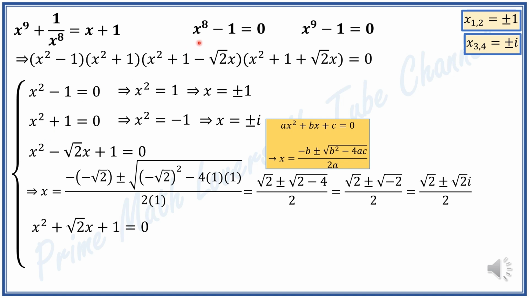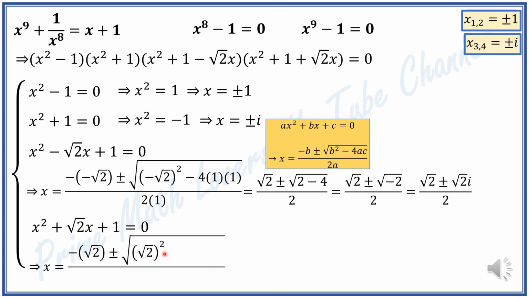And the other equation is x squared plus square root of 2 x plus 1 is equal to 0. Again, I use the quadratic formula, or delta formula, and I get x is equal to minus square root of 2 plus or minus square root of 2 to the power of 2 minus 4 times 1, divided by 2 times 1, or minus square root of 2 plus or minus square root of 2 minus 4, divided by 2. 2 minus 4 again is negative 2.